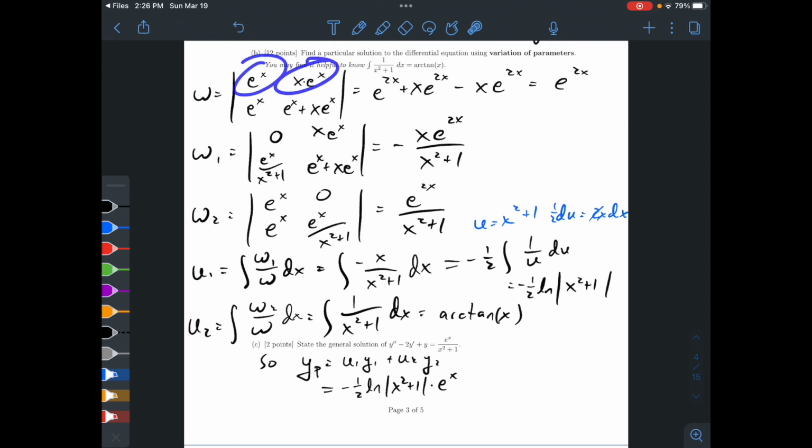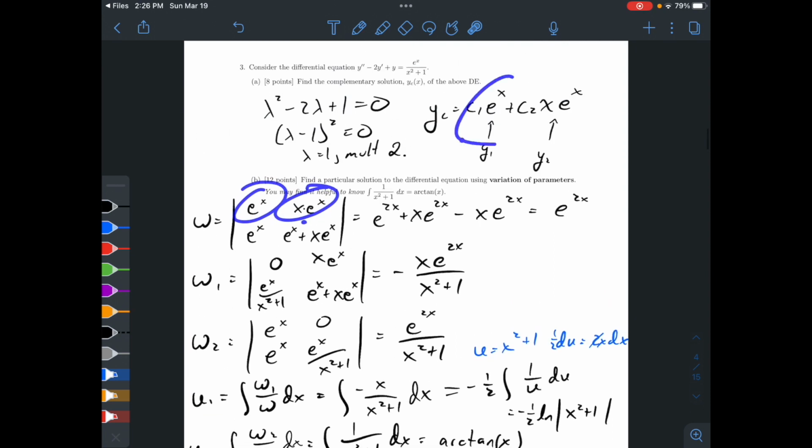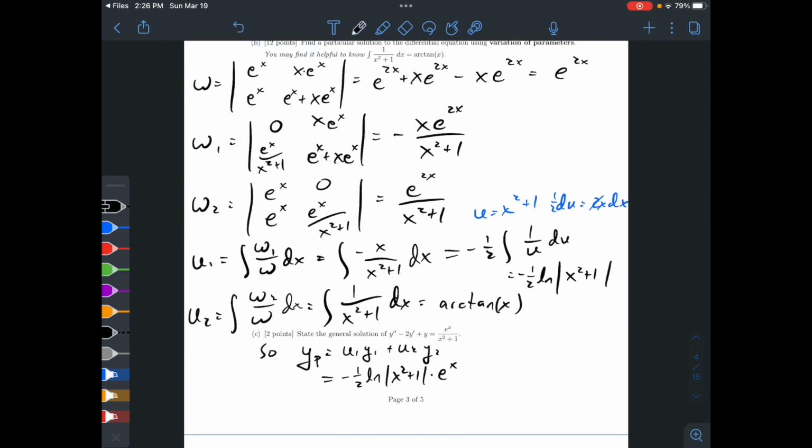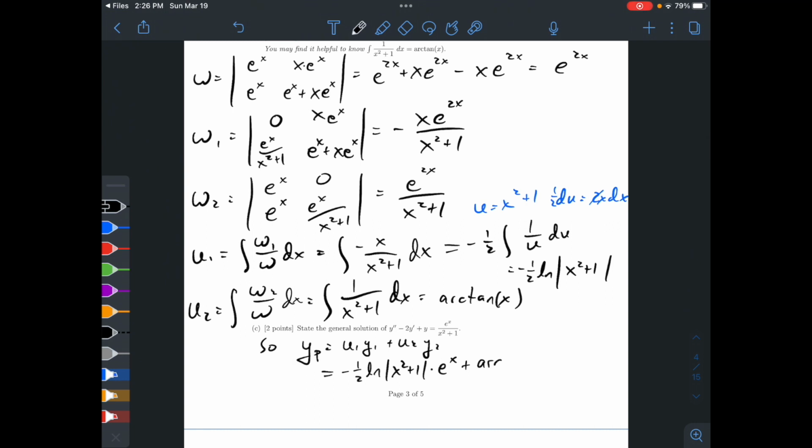Remember, this is our y1, this is our y2. All that stuff up here. And then plus u2 y2, arctan of x times y2, which was x e to the x.